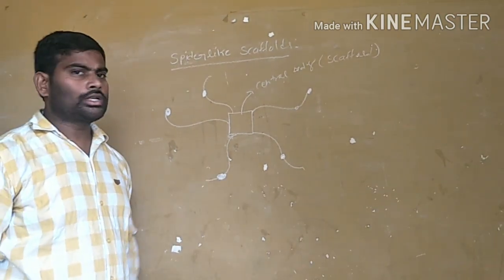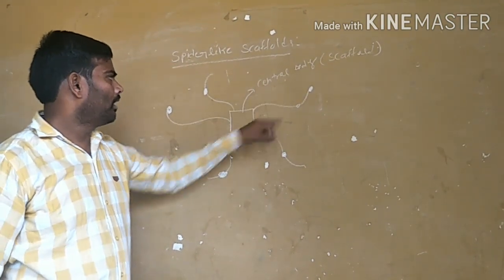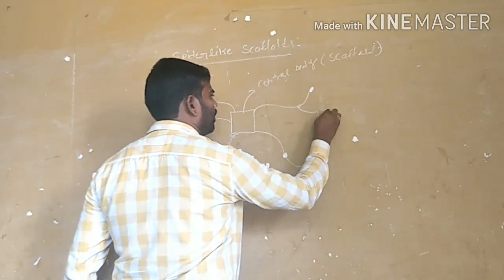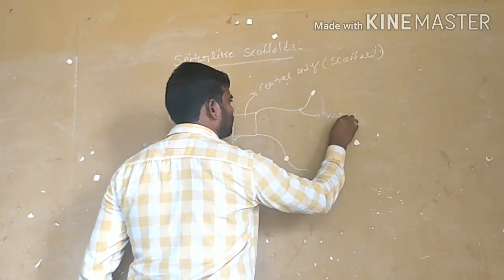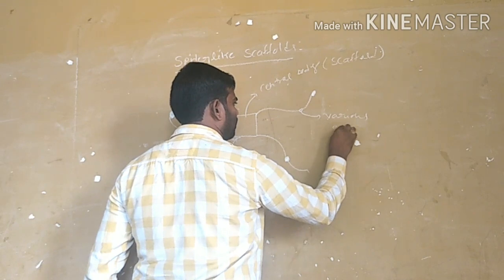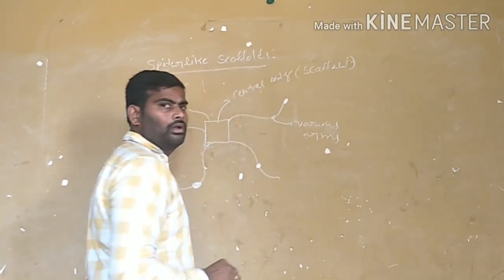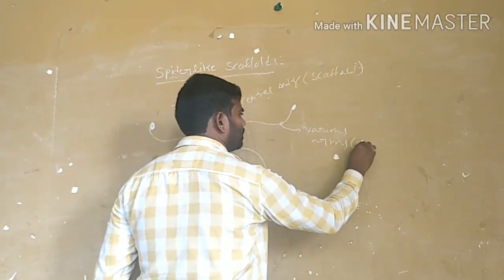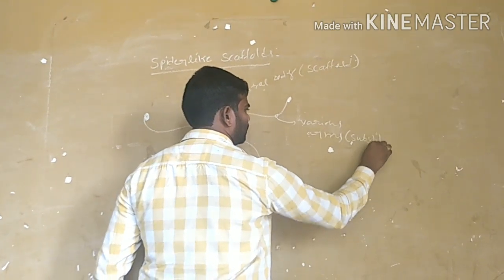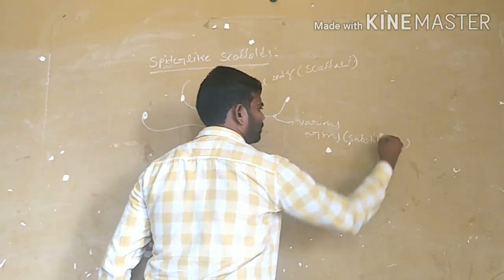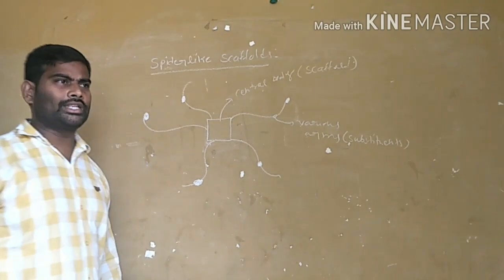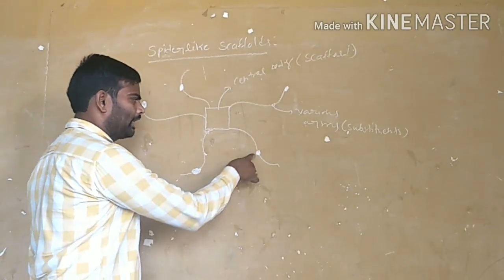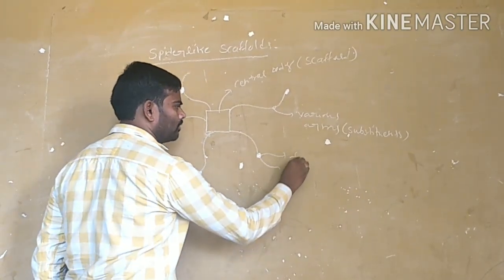These spider-like molecules have the central body and various arms, the substituents, and these arms have active functional groups.